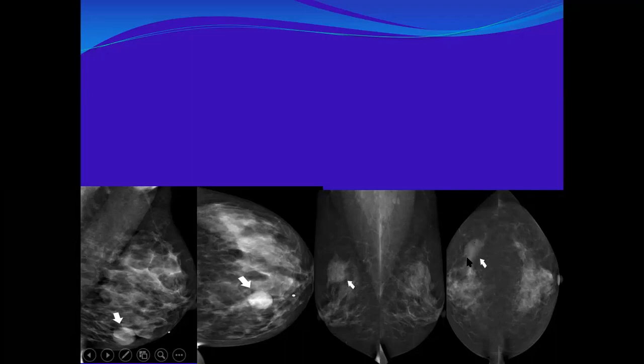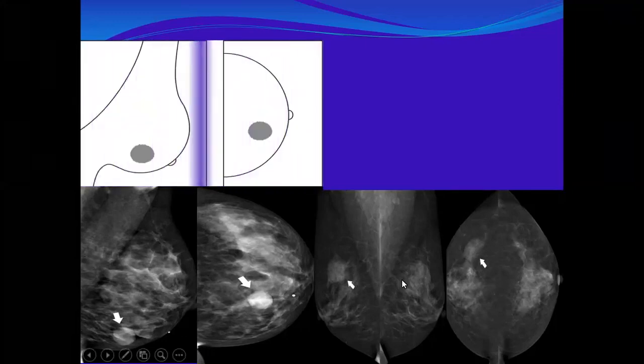There is some fat. If you look at the parenchyma here, this is heterogeneous parenchyma. It looks more or less like another focal area of heterogeneous parenchyma. There is also fat seen within this. So this is an asymmetry.